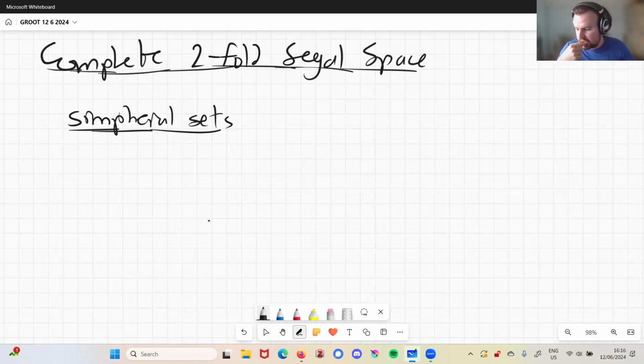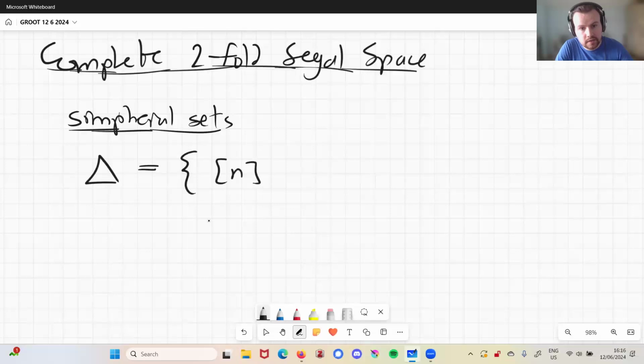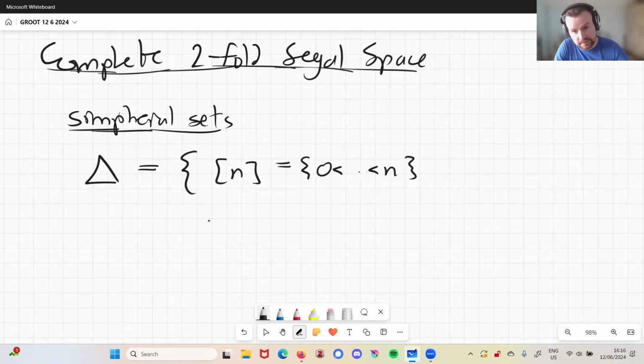And I'll just briefly say what the interpretation should be. So we'll have this category delta that we'll start with. And delta is going to be these ordered sets of n plus 1 elements for all n greater than or equal to 0.